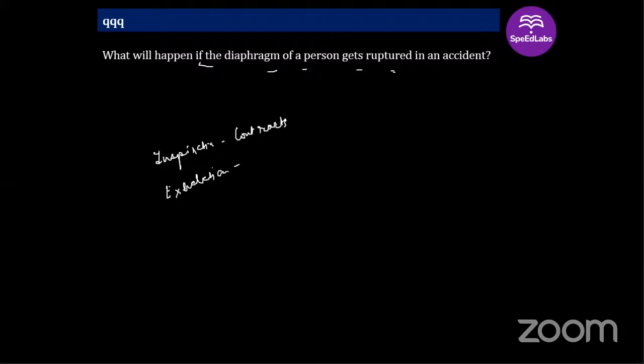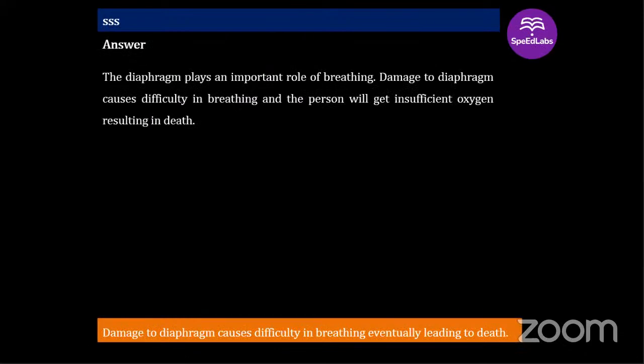At the time of inhalation, it is going to contract. At the time of exhalation, it is going to relax and come back to its normal dome-shaped position. So the diaphragm plays an important role in breathing. Damage to the diaphragm causes difficulty in breathing, and the person will get insufficient oxygen, and this is going to result in the death of the person.